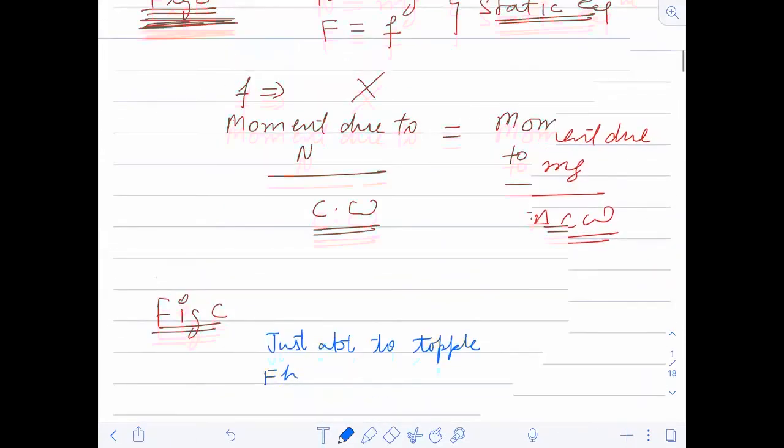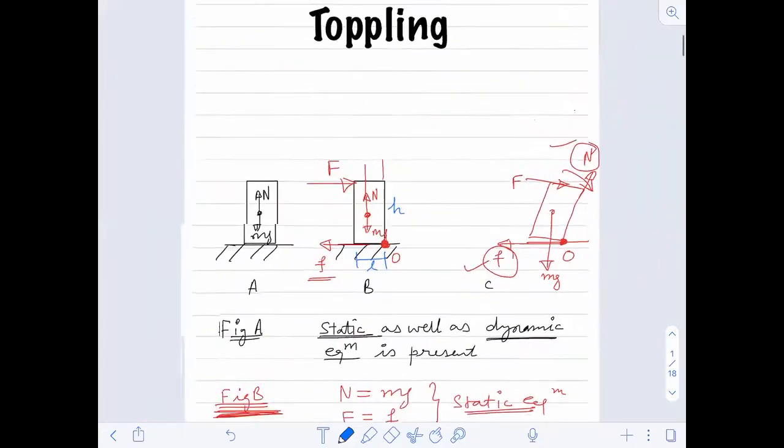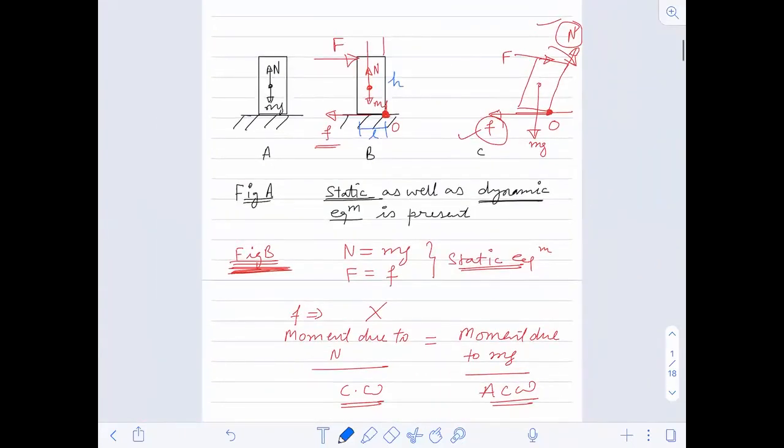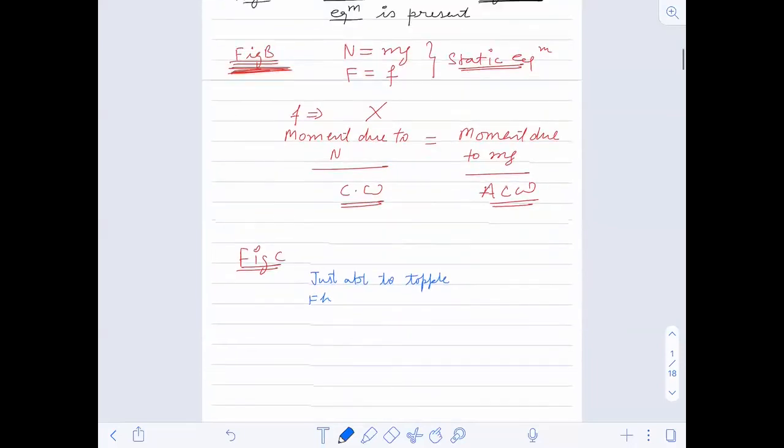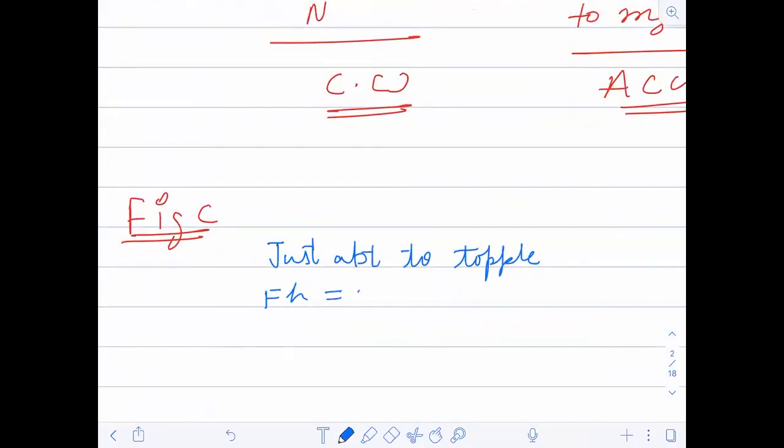And is this clockwise or anti-clockwise? This is clockwise. The torque offered by mg will be anti-clockwise. So due to mg, I will be writing mg L by 2. This is what I'll be writing for this equation from the dynamic equilibrium.